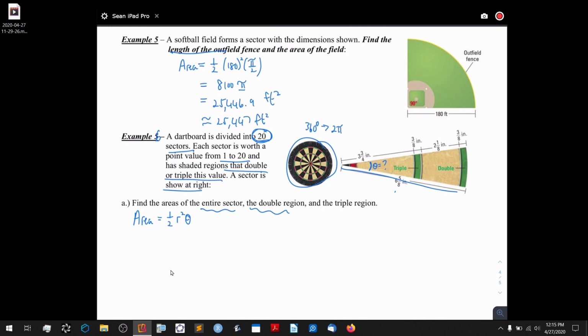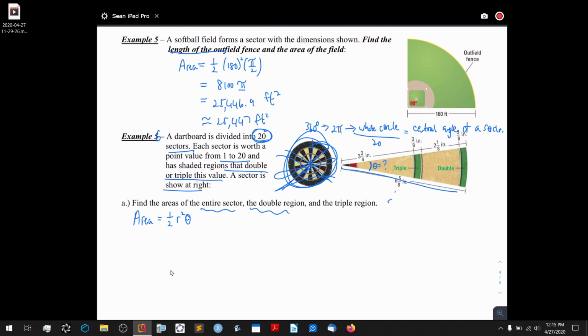So this is the whole circle, and I have to divide that by 20. The whole circle divided by 20 will give me the central angle of a sector. In other words, take the whole thing and split it into the 20 pieces they told you, and then you get the central angle.